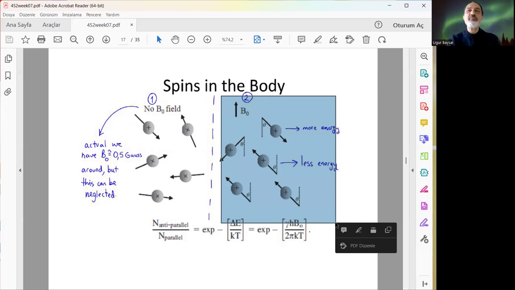Okay, that's quantum mechanical law. Some of them anti-align. So there's a net difference between the aligned and anti-aligned nuclear population, and this difference, like 1 in a million, creates that very low microvolt level MRI signal. But that's again enough to form the image.